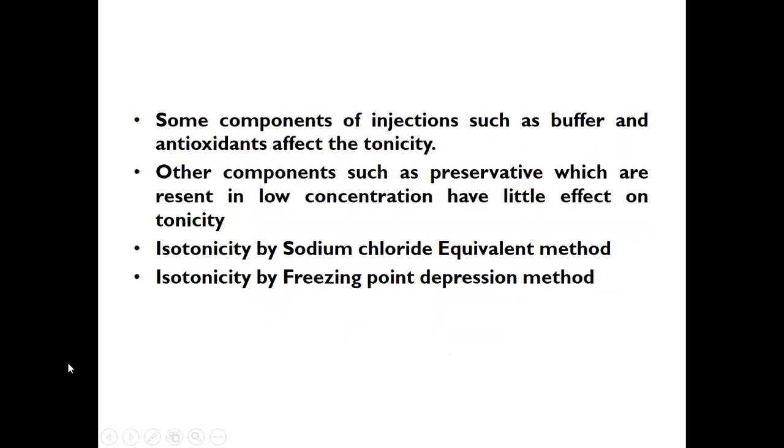Some components of injection such as buffers and antioxidants affect the tonicity. Other components such as preservatives, which are present in low concentration, have little effect on tonicity. So isotonicity can be adjusted by the sodium chloride equivalent method or by the freezing point depression method.